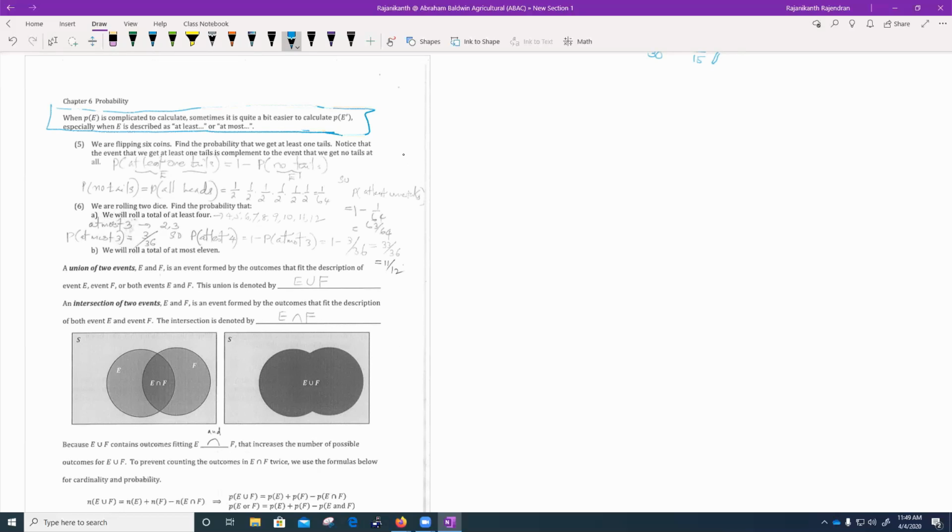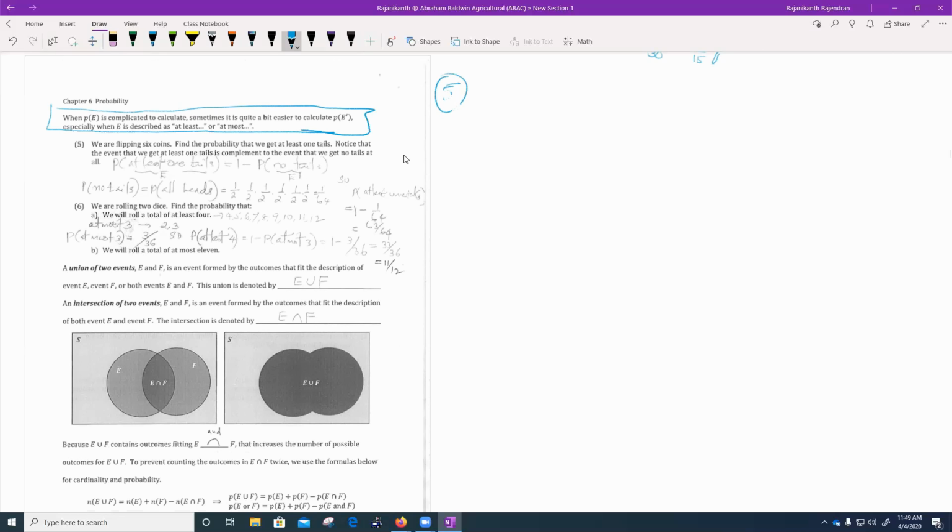What does that mean? There are certain situations where it is very, very hard for us to find the probability of a given event E. So instead of finding E, I'm trying to find the probability of event E prime by using my complement formula for E and E prime.